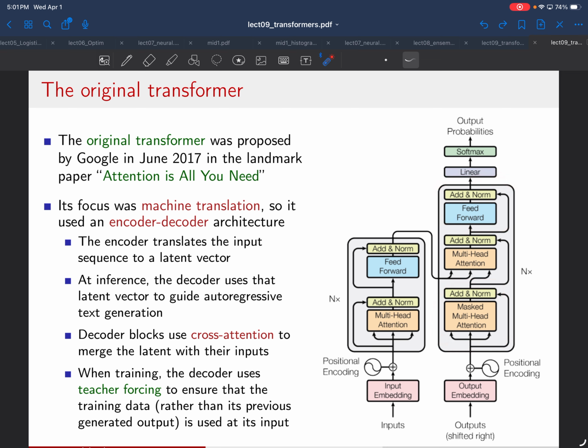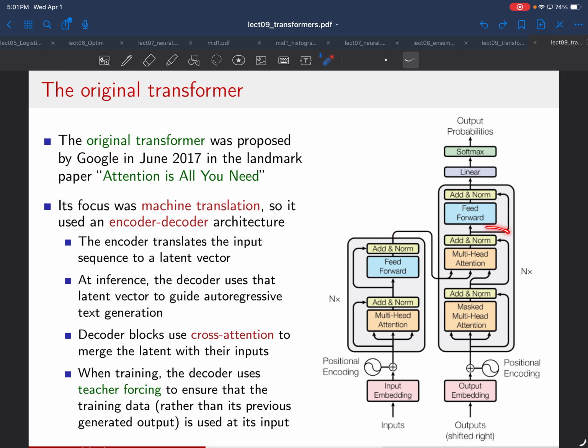But now it is doing two things simultaneously. On one hand, it is trying to generate text in an autoregressive way. So whatever inputs you have here, you are trying to predict one word forward, just like we've talked about. But there's an added constraint: whatever you are predicting should have the meaning of the text in this language, and that meaning has been stored in this latent vector.